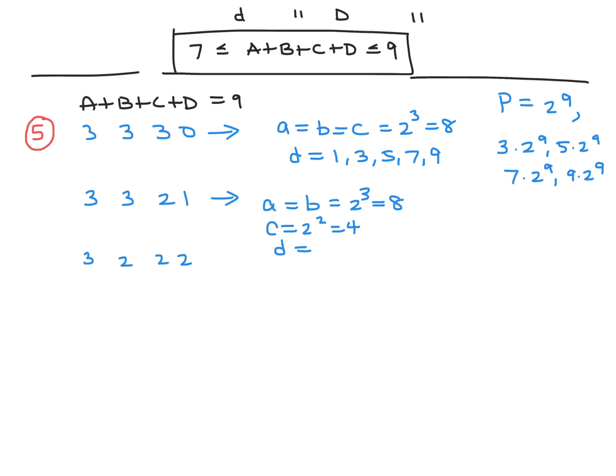So it can be either 2 to the power of 1, which is 2, or what other could it be? 6. It could be either 2 or 6. So that means P is going to be either 2 to the power of 9 or 3 times 2 to the power of 9. Let me just double check this.